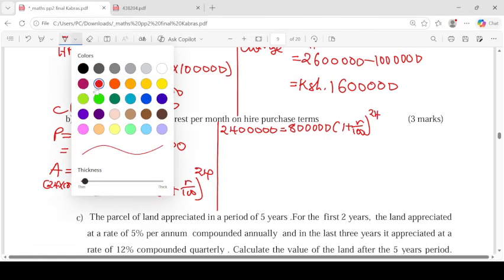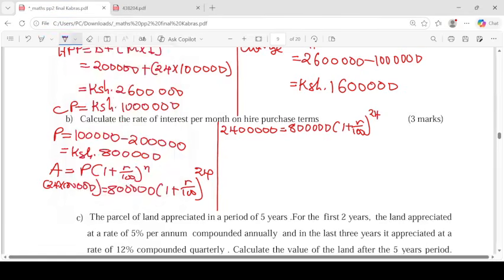When you are here, you can reduce this by dividing through by 800,000. Divide this by 800,000, also the other side by 800,000.